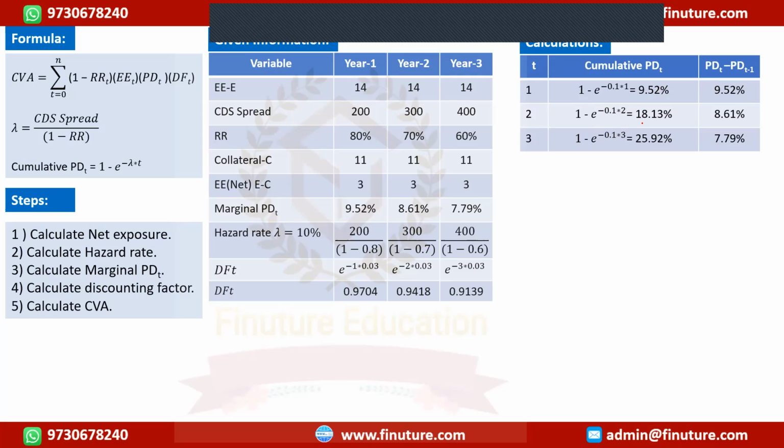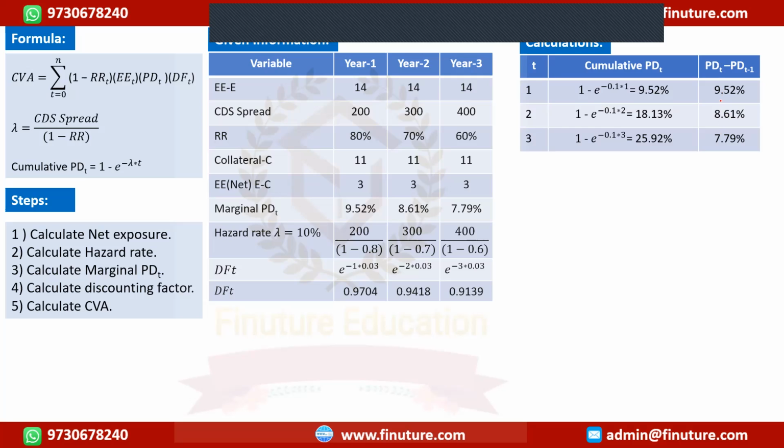But for year two, you need to calculate cumulative probability first, then cumulative probability of year two less your cumulative probability of year one will give you the marginal probability for year two. In a similar way, we can calculate marginal probability of year three by calculating cumulative probability for year three less your cumulative probability for year two. So these are the respective marginal probabilities.